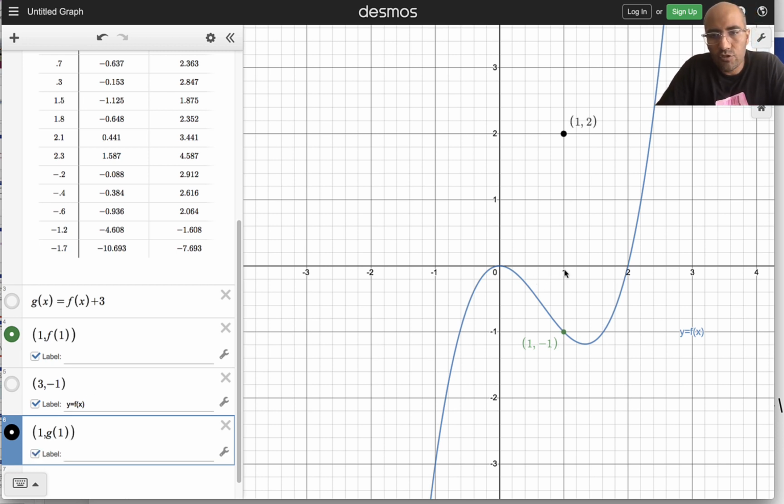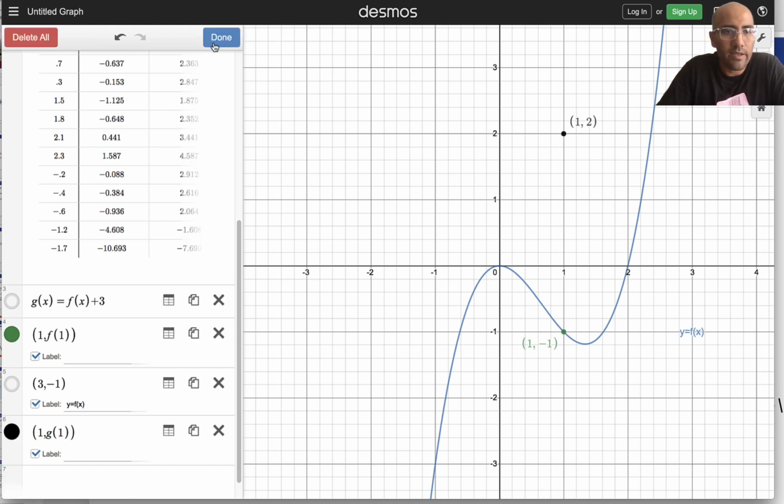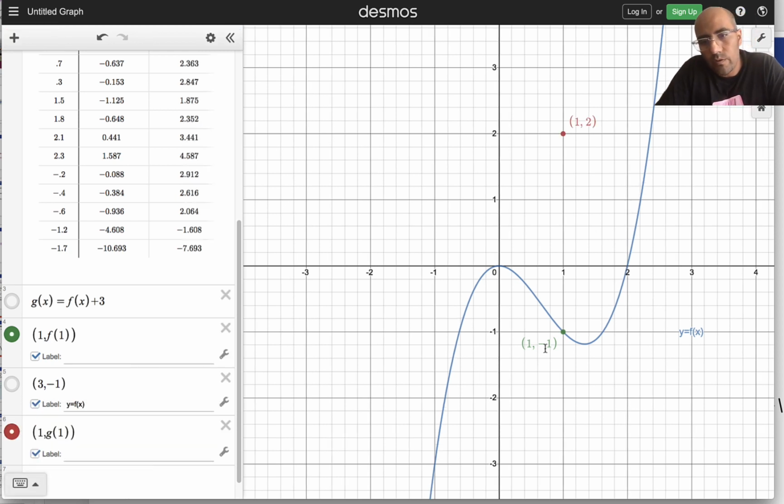The old function, 1, mapped to negative 1. But now for the new function, we add 3. So the new value comes up here to this dot value here. And let's put it in red. Okay, so it went from being below, at negative 1, to up at positive 2.